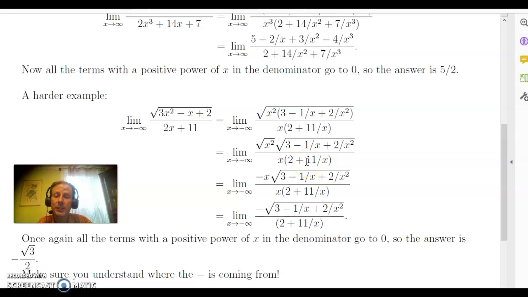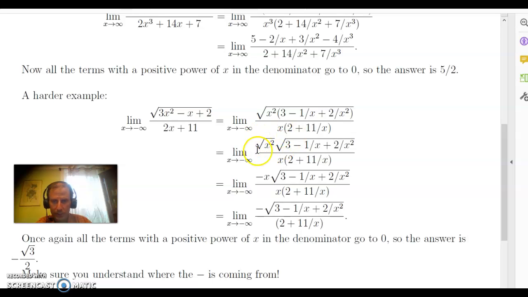Now this is the trickiest part that often gets students the most. The square root of x squared only equals x when x is positive. If you think about it, if x is negative, when you square it, it's going to become positive and the square root will stay positive. So it can't possibly equal a negative number. A square root is never going to equal a negative number.